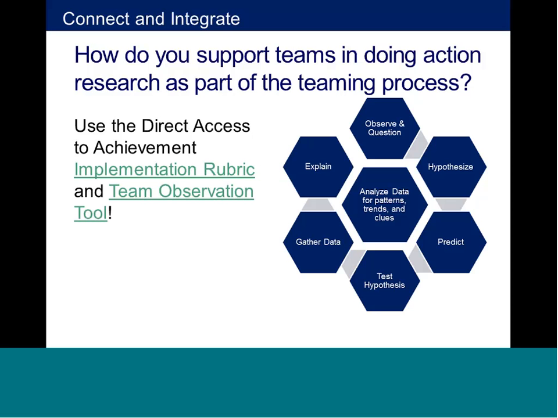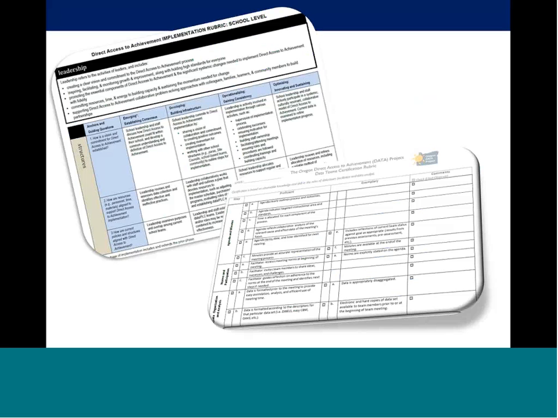That is where Rick Hess, an educational person who is quoted quite a bit in the op-ed reports, was talking about how it's not that we have a lot of initiatives that are failures, it's that we fail in the implementation. And the implementation rubric and the team observation tool are both critical pieces that can help avoid that situation.